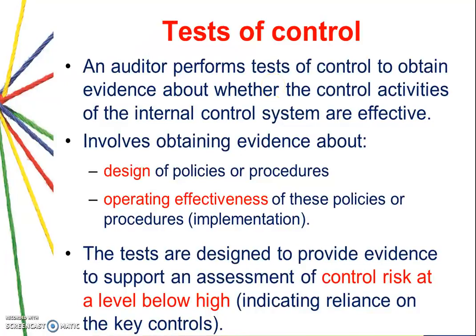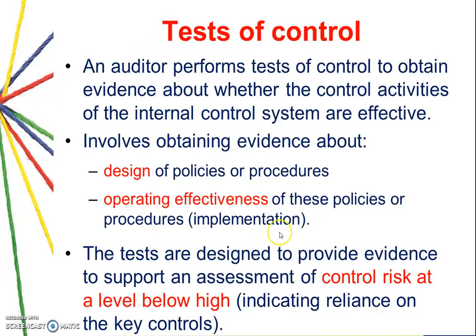The auditor performs test of control to obtain evidence that the control activities of the internal control system are effective. When you say effective, you look at two aspects. Number one, the effectiveness of the design of the controls. And second, when it has been designed effectively, whether it has been implemented effectively. So we look at the operating effectiveness of these controls, in the form of policy or procedure.